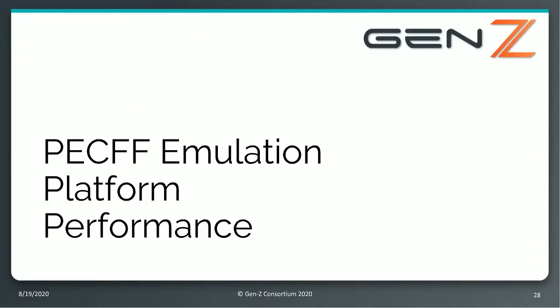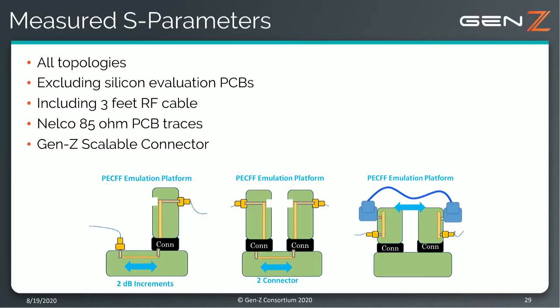Now that we've thought about what were the inputs into the design, we can start to look at some of the actual measured performance. I'll show you what we measured on the platform. I will show you the results directly looking into the emulation platform.